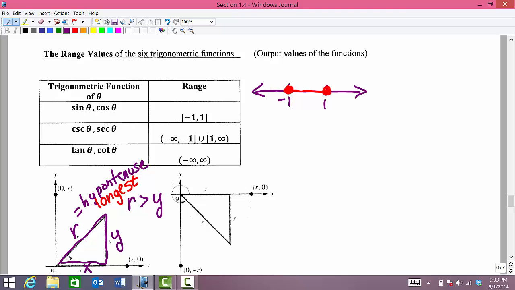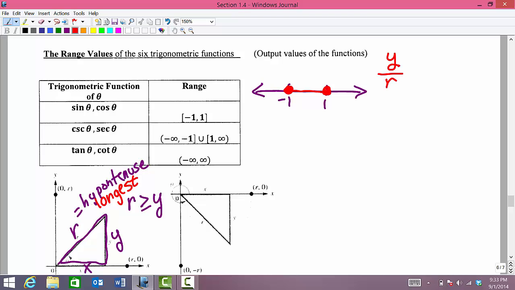Or the sides could be equal. But r could not be smaller than y if r represents the hypotenuse of this right triangle. So r must be either larger than y or it could be equal to y. If I look at this as it corresponds to sine, sine is y over r.